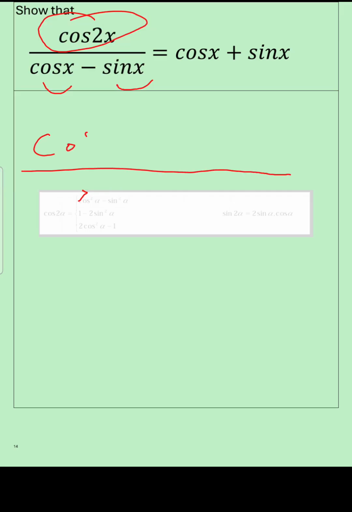Say this is the same as cos x minus sin x squared all over cos x minus sin x.